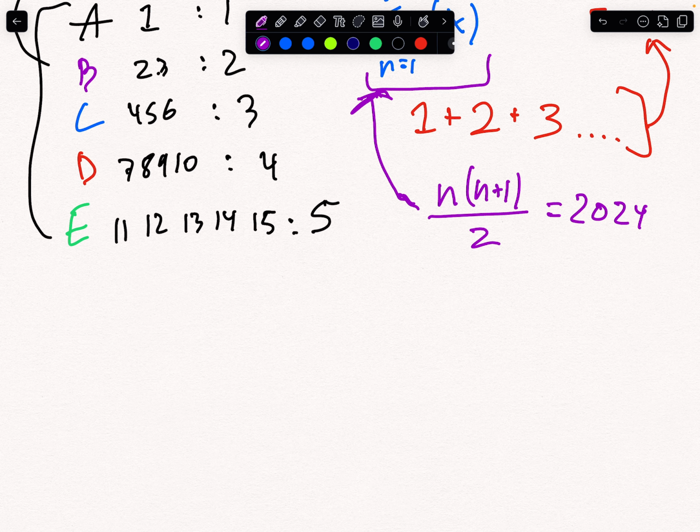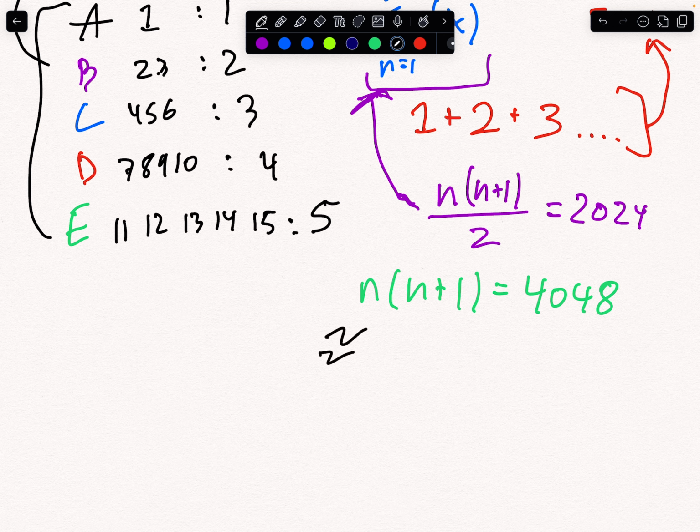So let's solve it out. Then you have n times n plus 1 is equal to 4048. You would have to do the calculation, maybe play around with some numbers, but I can tell you that n is going to be around 63.